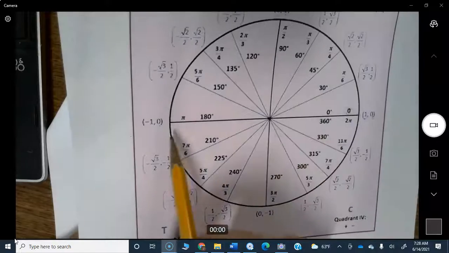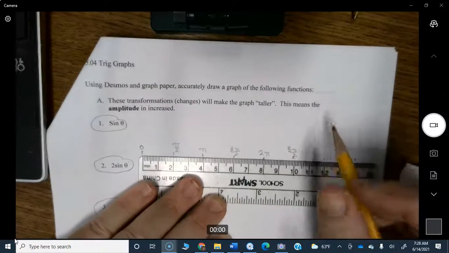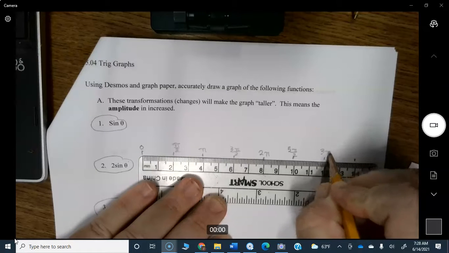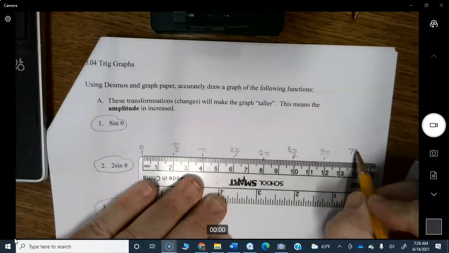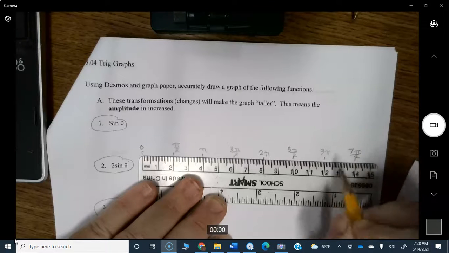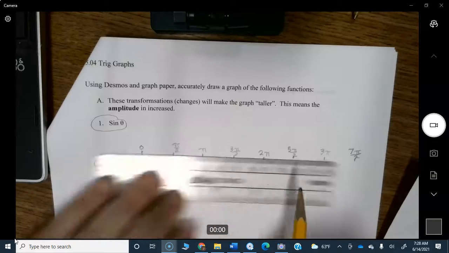And over here it would come around, it would be 6 pi over 2. Every time you go a quarter of the way around the circle, it's pi over 2. So 6 pi over 2 equals 3 pi. And then finally, this would be another pi over 2, that would be 7 pi over 2. So you just keep adding pi over 2, but when you can reduce the fraction, you reduce the fraction. Okay, so there we go.